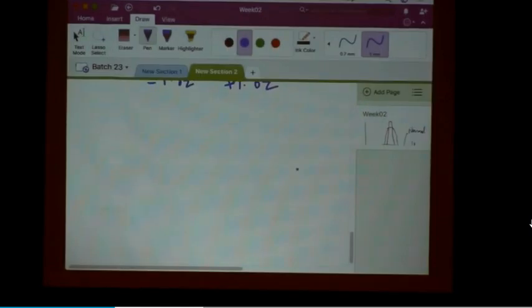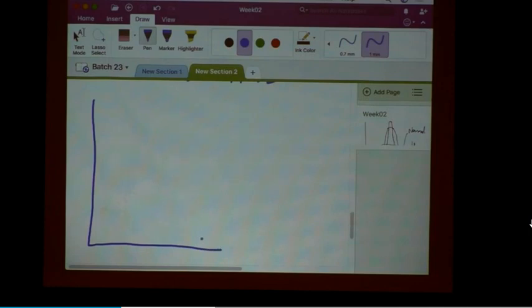So let's do this. Now the first one was the population, so let's do the population with the blue. You'll keep noticing what I am doing. I'm doing the same, just drawing the axis.